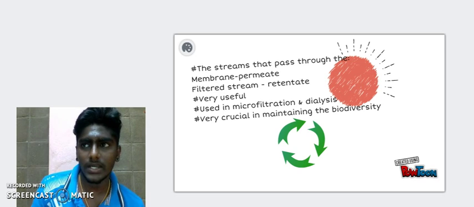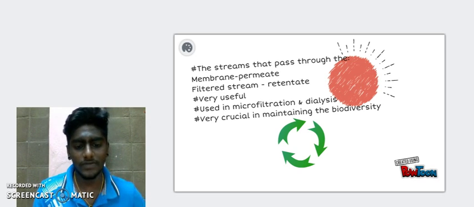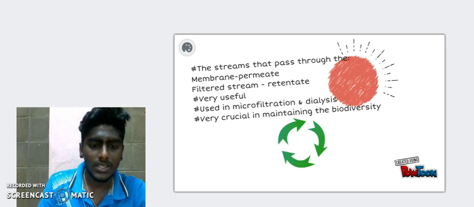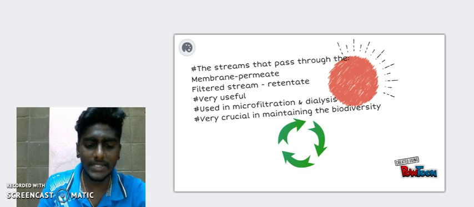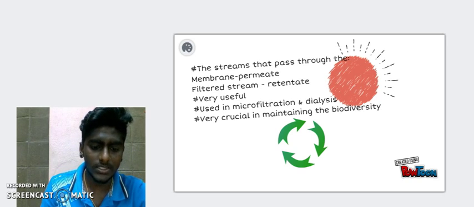As examples, microfiltration and dialysis. Microfiltration is a process used to separate tiny unwanted particles from the major solution, while dialysis is a process used to separate the excess water and waste from blood.